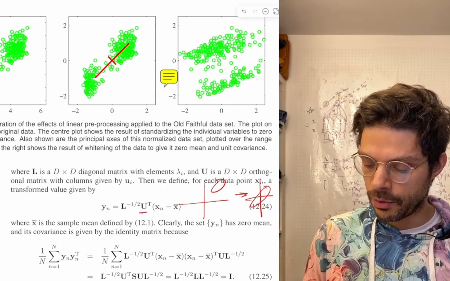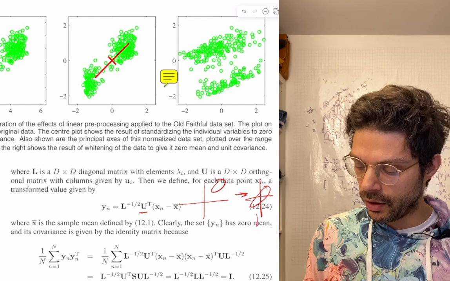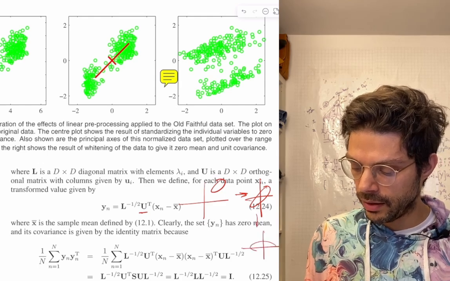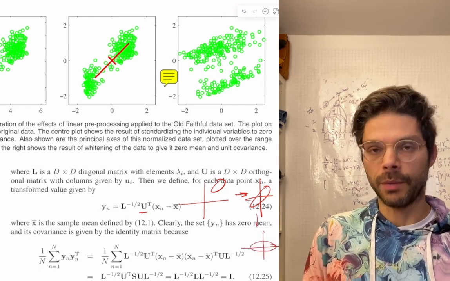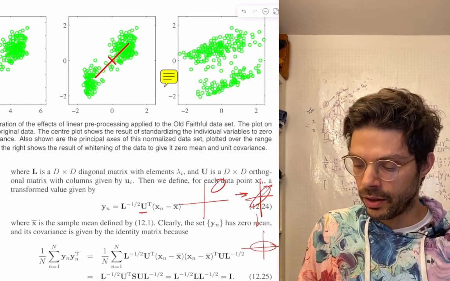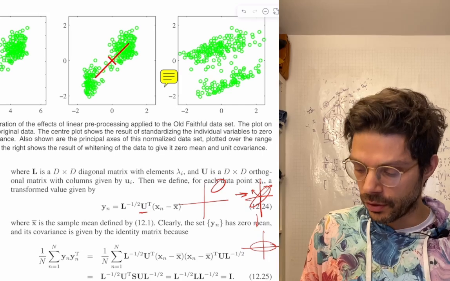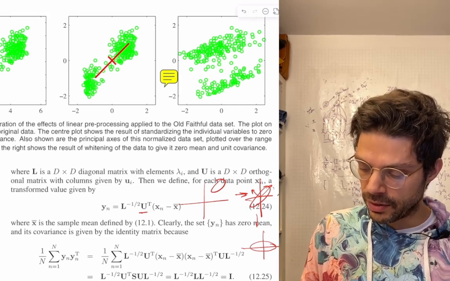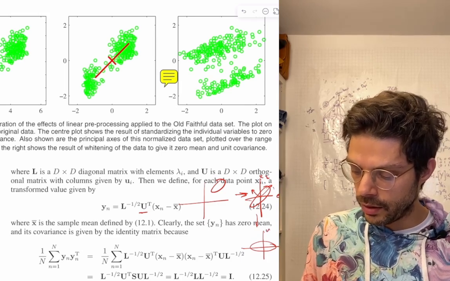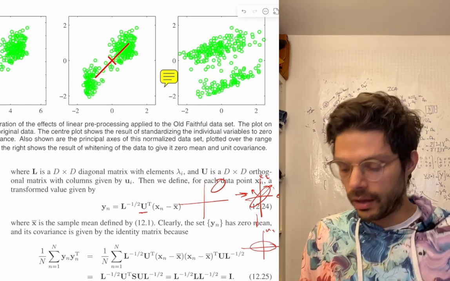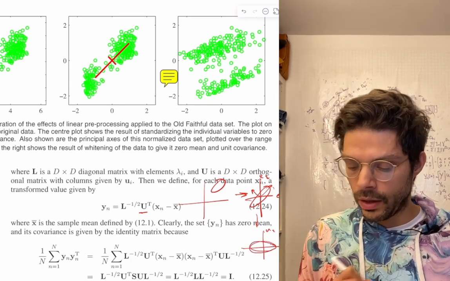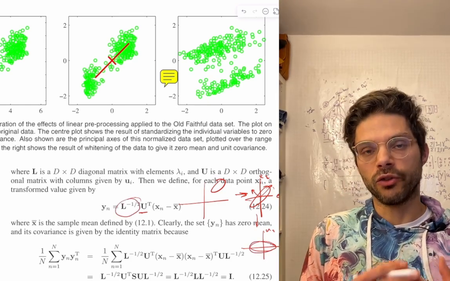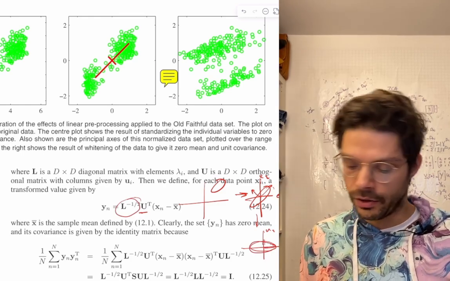Then the second step, projection, effectively rotates the data. We're going to project it onto these coordinates. If this was the E1, E2 coordinate, and this is U1, U2, it's just rotated your data, right? And then finally, this step normalizes the data by the variances along the different directions.